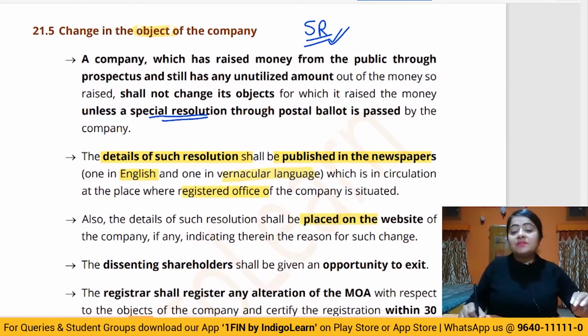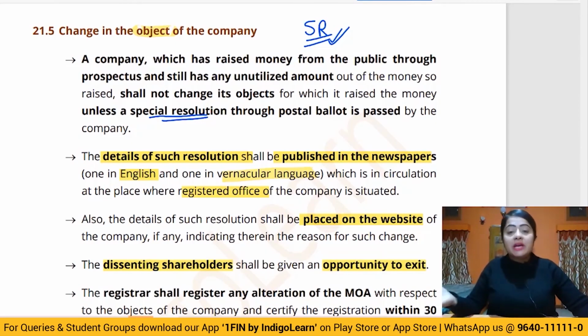Along with that, the details will also have to be placed on the website, right? And if any of the members who have purchased the shares or other securities of the company, who have invested in the company thinking that the company is going to do certain objects, are disagreeing and don't want to be shareholders of the company, then an exit option will also have to be given to those shareholders, right? So generally speaking, if the object clause is to be changed, a simple special resolution is required.